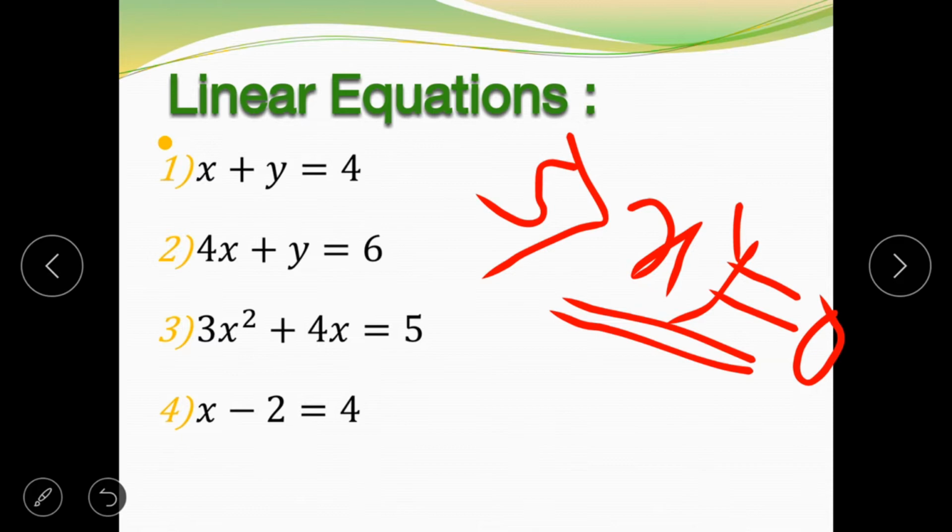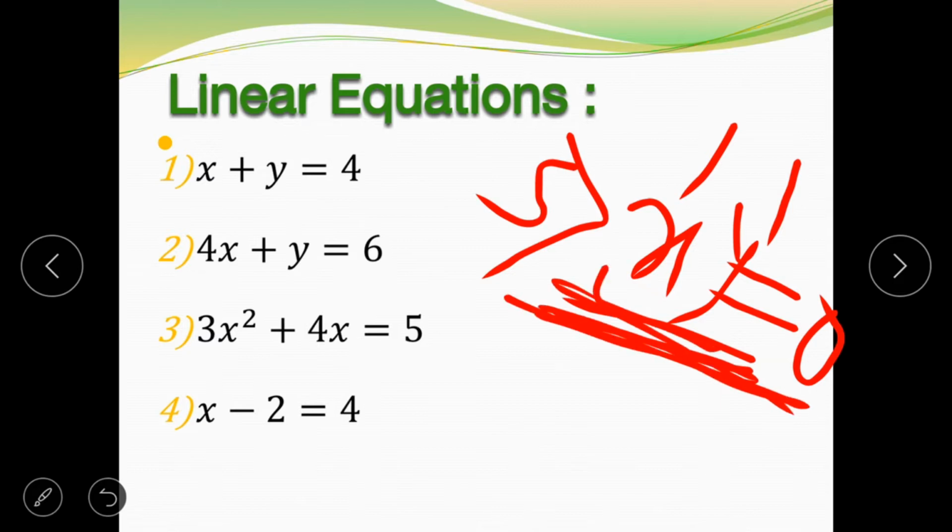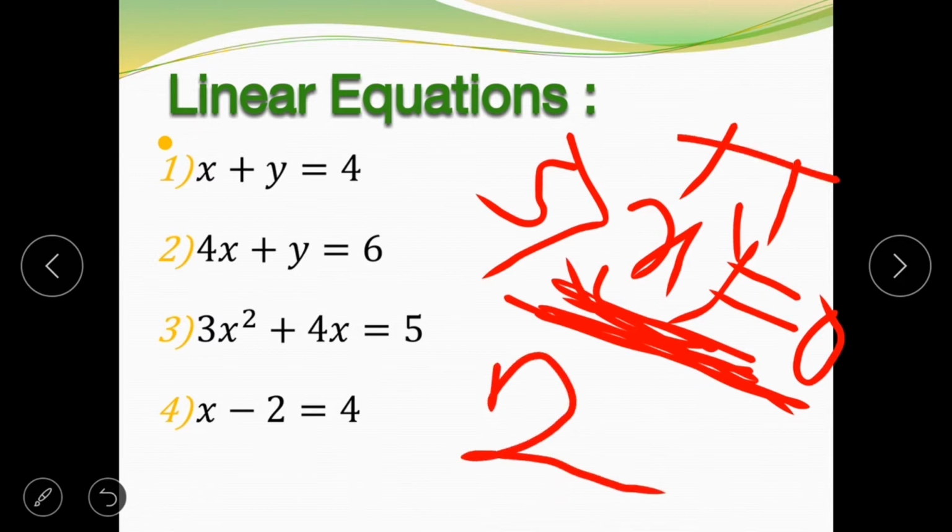Yes, degree means we have to check the power. Here the power of x is 1 and the power of y is 1. So to find the degree of this equation, add the powers of x and y, that is 1 plus 1 is 2. So the degree of this equation is 2, because here x and y are in product form.